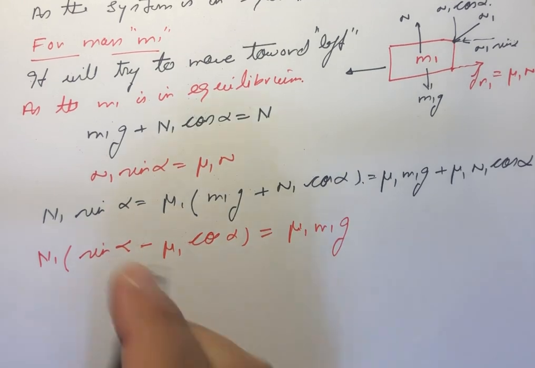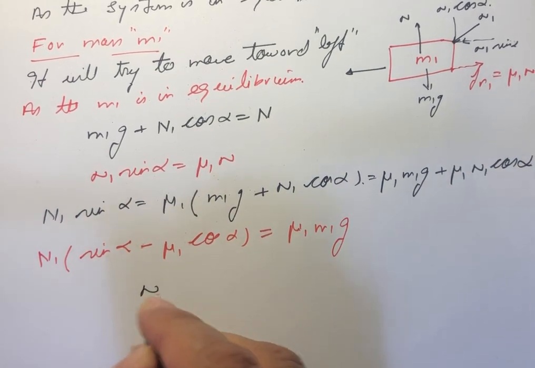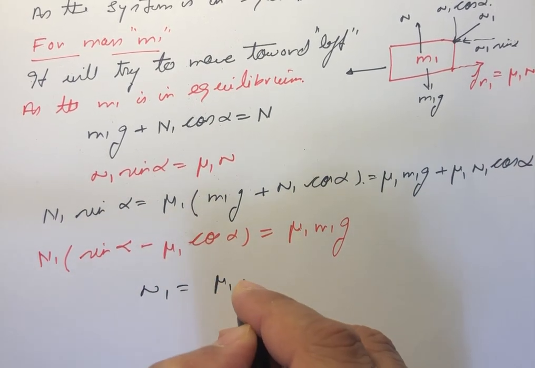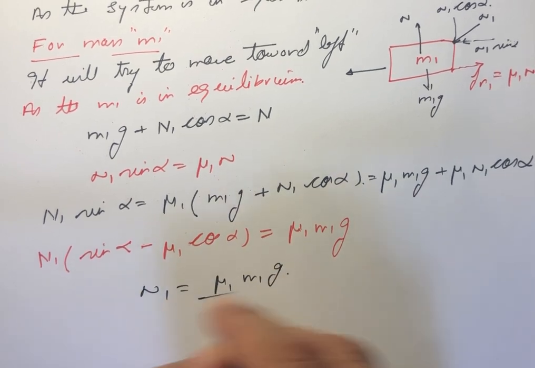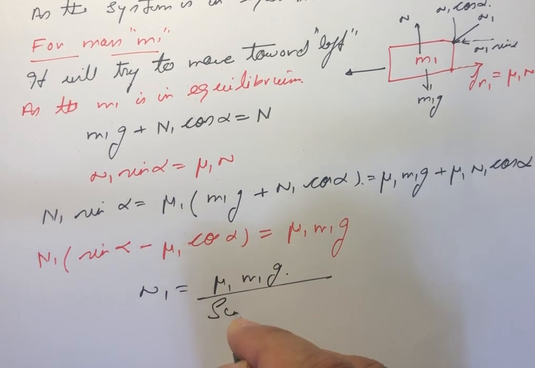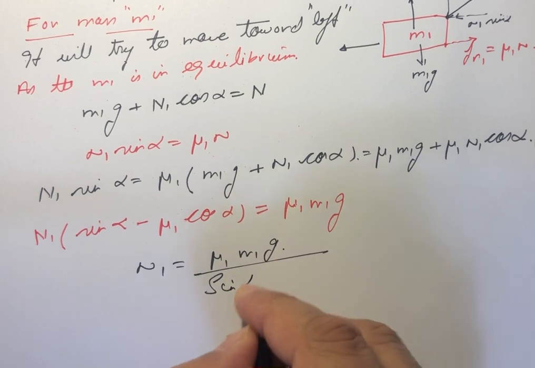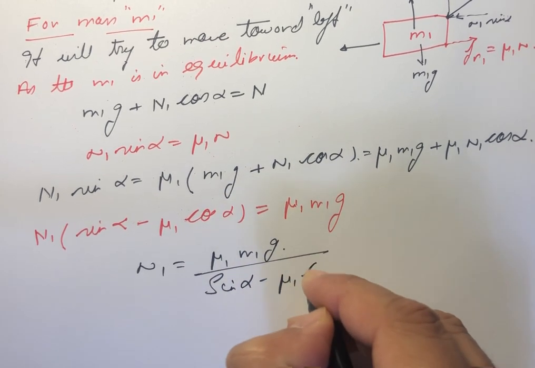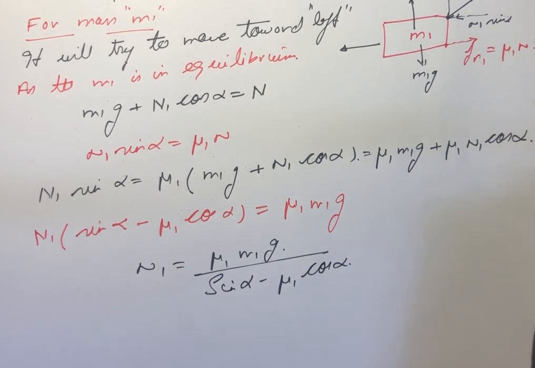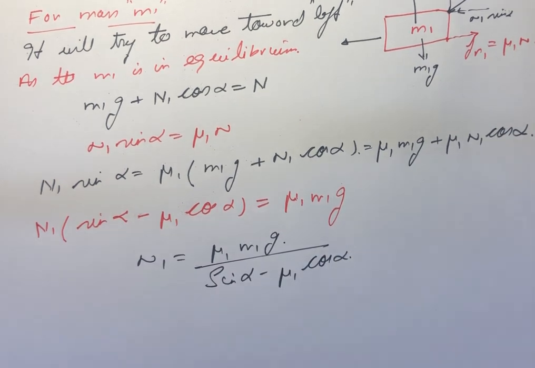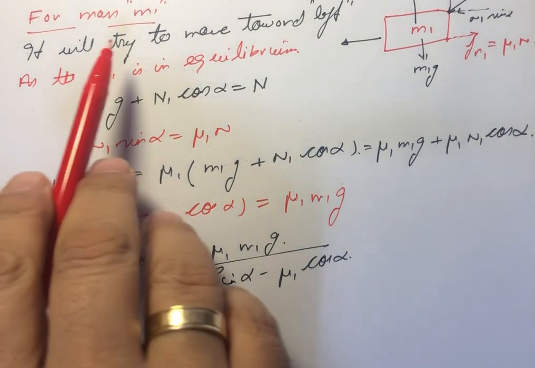And from here we can write that our n1 is equal to mu1 m1g divided by sin alpha minus mu1 cos alpha. This was for mass m1.